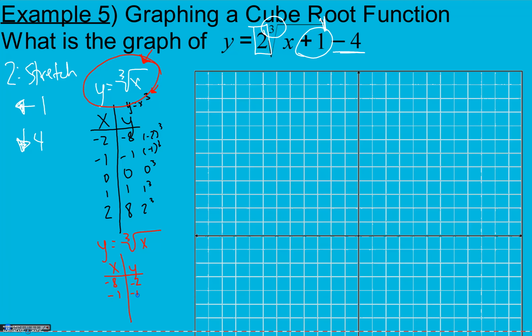Negative 1, negative 1. 0, 0, 1, 1, and 8 and 2. Remember, we're swapping those. So my y's go to my x's and my x's go to my y's. And that gives me my parent function. So my parent function for the cube root function looks like this.